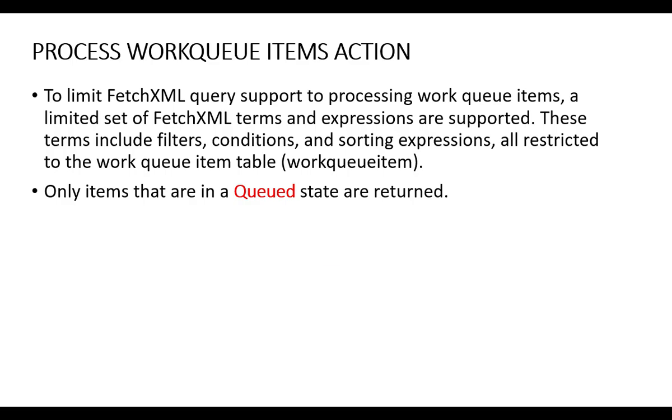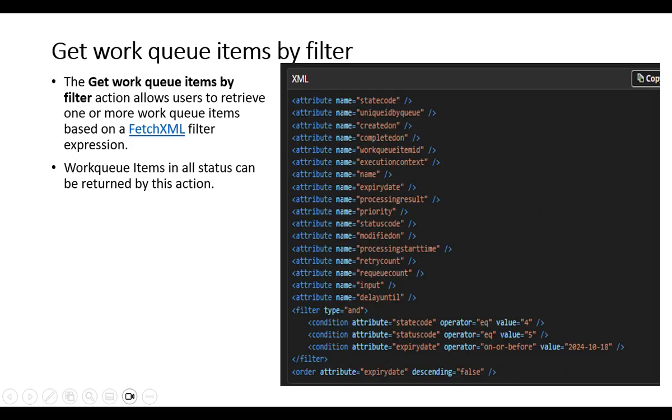In process workqueue items, only the items that are in queued status are returned. And in the get workqueue item by filter action, you can filter for all the status codes.